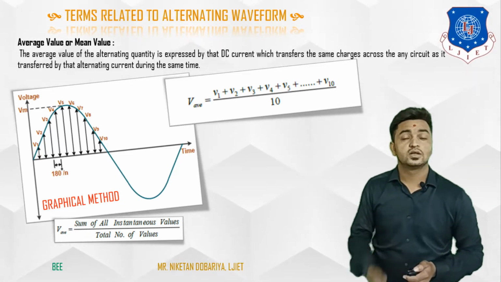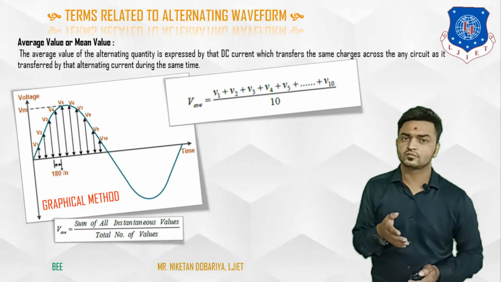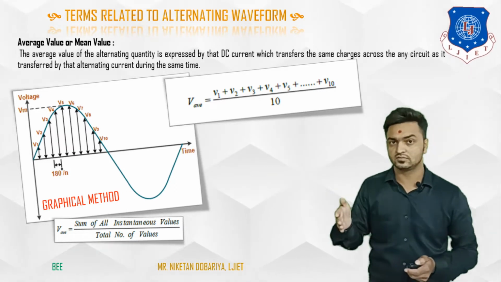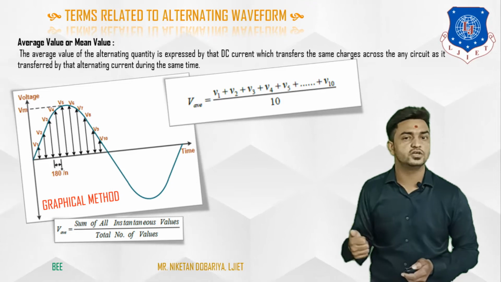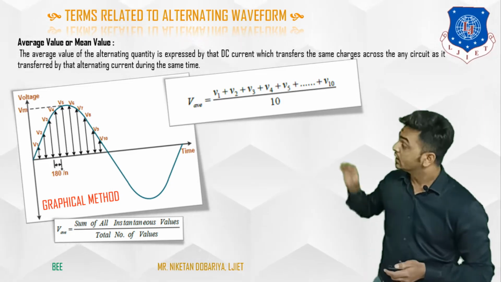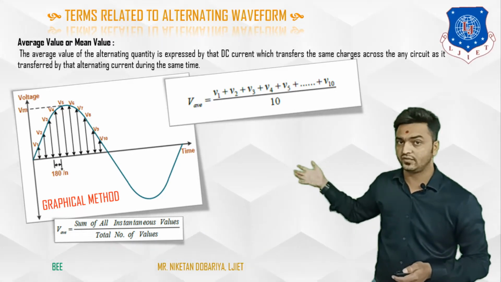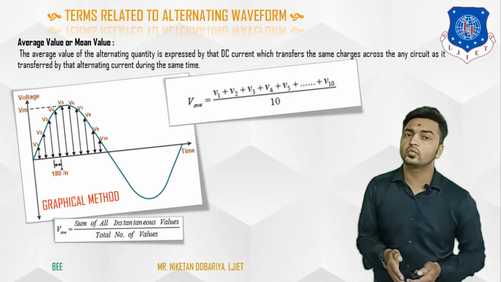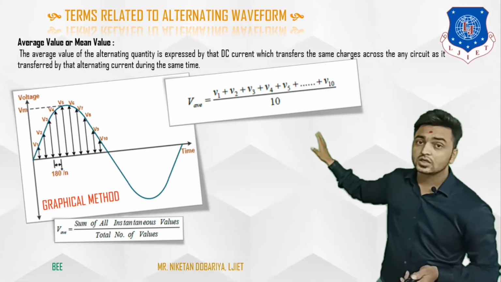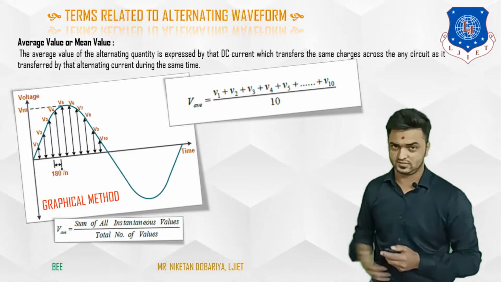That's why, when we have a symmetrical alternating waveform, we cannot find its average value over a full cycle. It is always going to be 0. That's why, whenever we find the average value of any symmetrical alternating quantity, we always prefer the half cycle. So here we are going to find the average value of this half positive cycle.